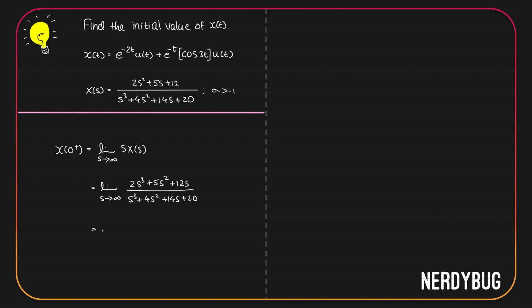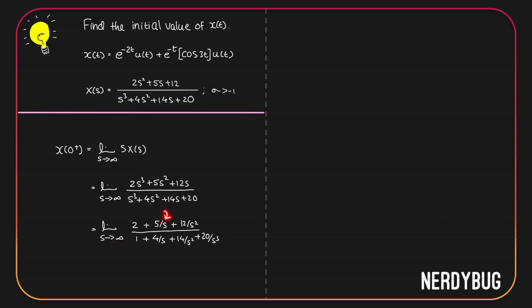Then this will become limit s tends to infinity of 2s cube divided by s cube is 2, plus 5s square divided by s cube is 5 by s, plus 12s divided by s cube is 12 by s square, divided by s cube divided by s cube is 1, plus 4s square divided by s cube, 4 by s, plus 14s by s cube, 14 by s square, plus 20 by s cube. Now we can give the value s equals infinity.